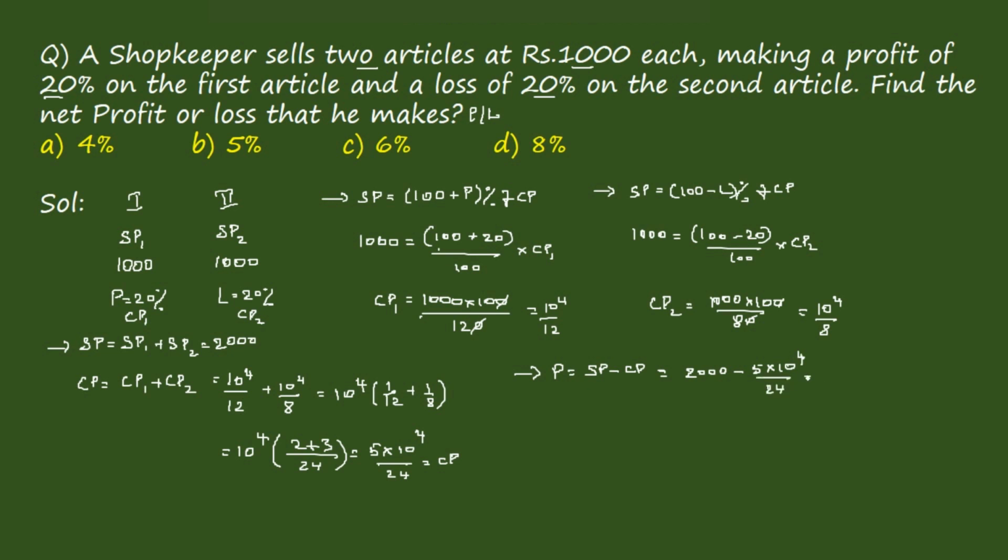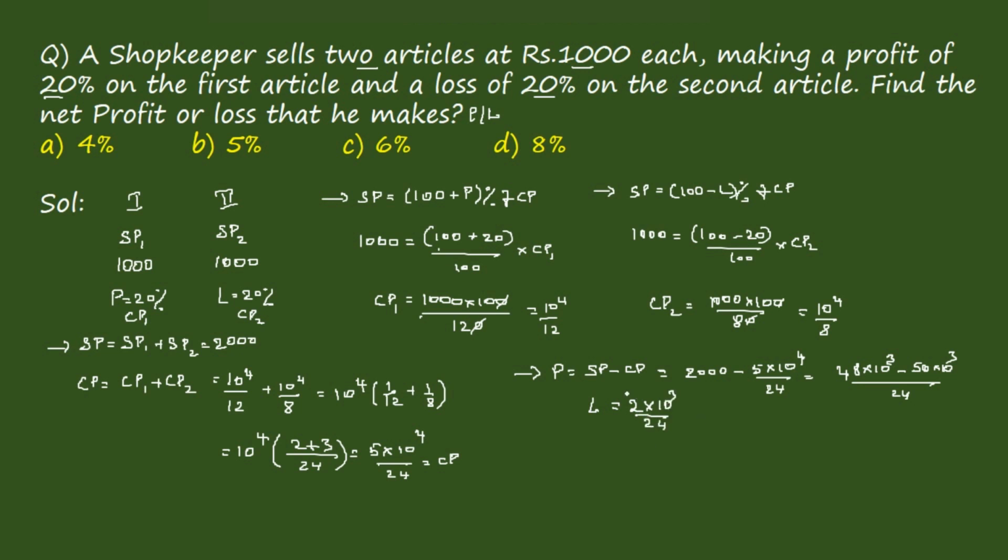Just take an LCM, then it becomes 48 into 10 power 3 minus 50 into 10 power 3 by 24. It is coming negative, so it is a loss. Loss is equal to 2 into 10 power 3 by 24.